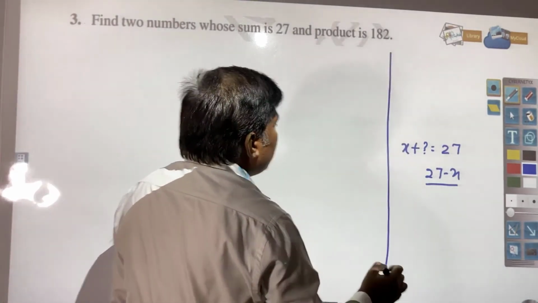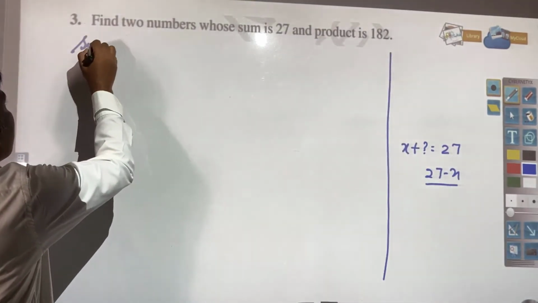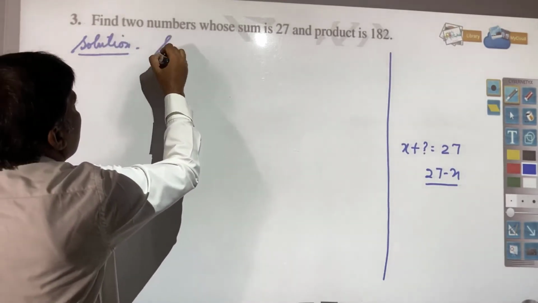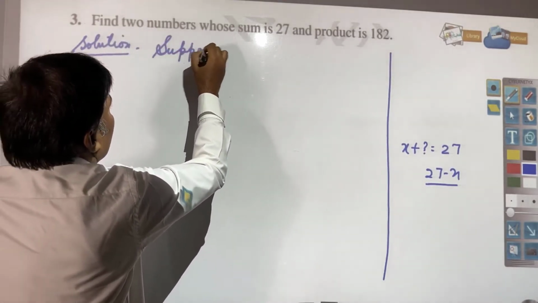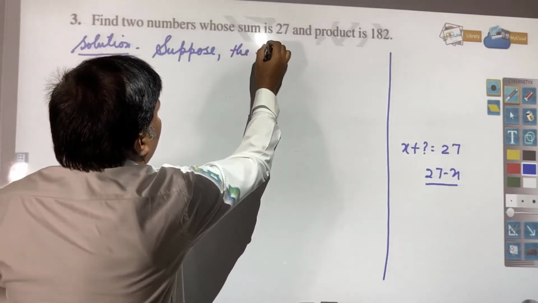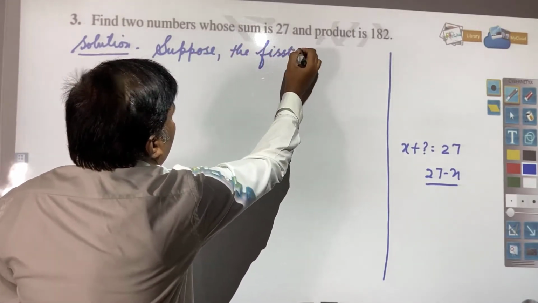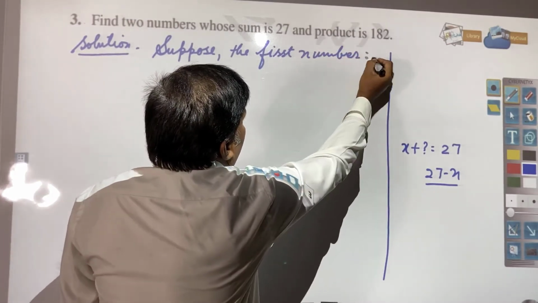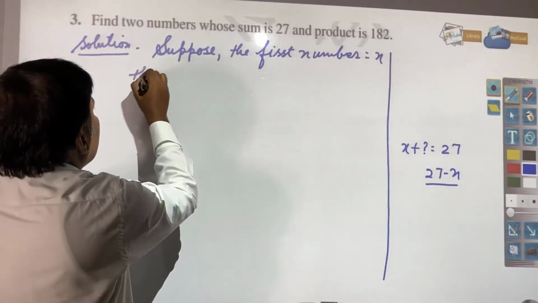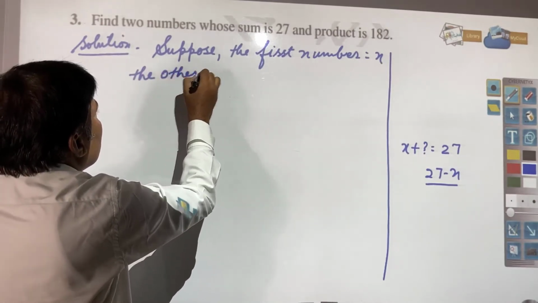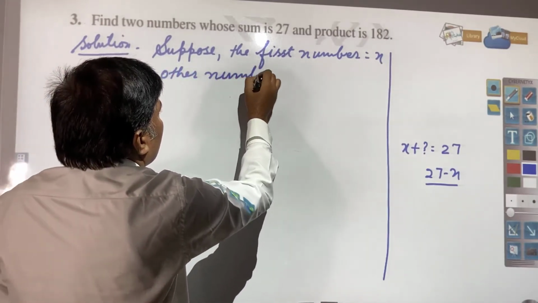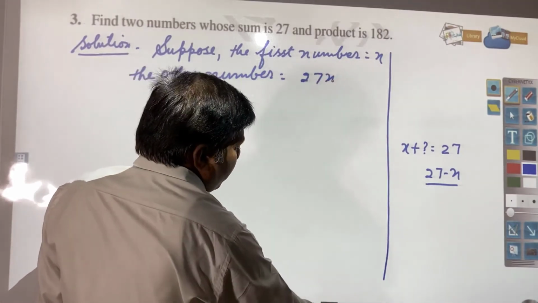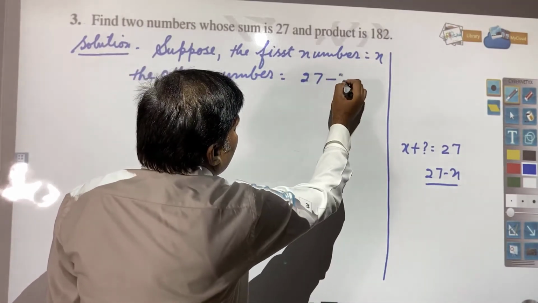So how we will write? Suppose one number is equal to x. The other number is equal to 27 minus x, because the sum is 27.